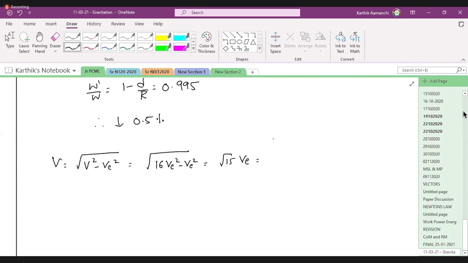Understood? You directly use this: T square is directly proportional to R cube.